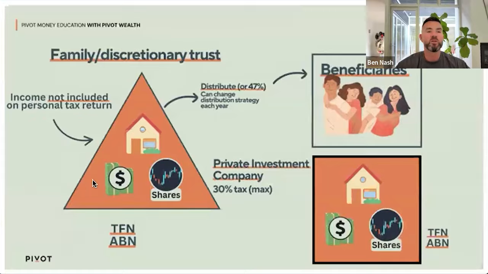Essentially, this can be for a lot of people looking to build a serious amount of wealth. You build most of your assets in the trust, but over time you end up building up assets in the company as well, because typically you're already earning a decent income, you're already on a higher tax rate, and you don't need the income, so it keeps it within this group or net, I suppose.